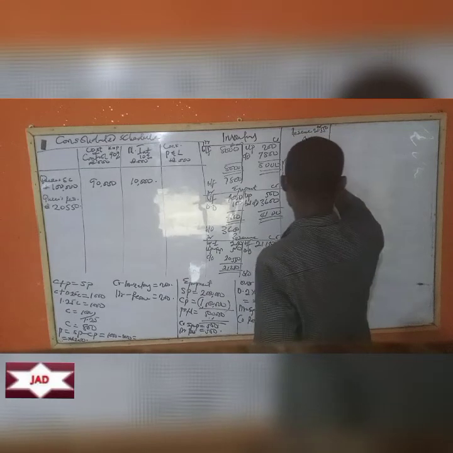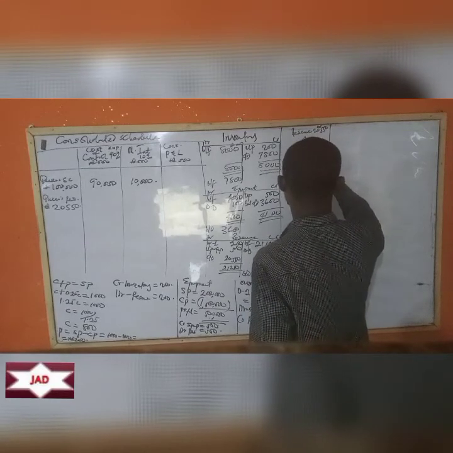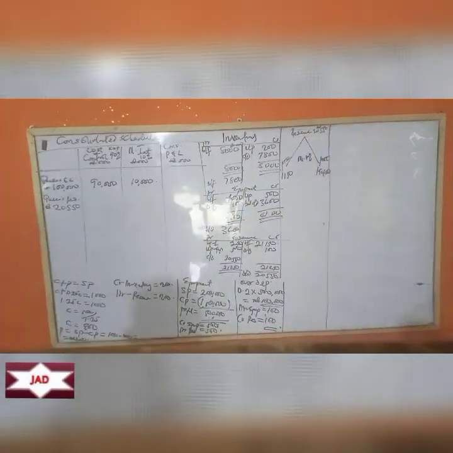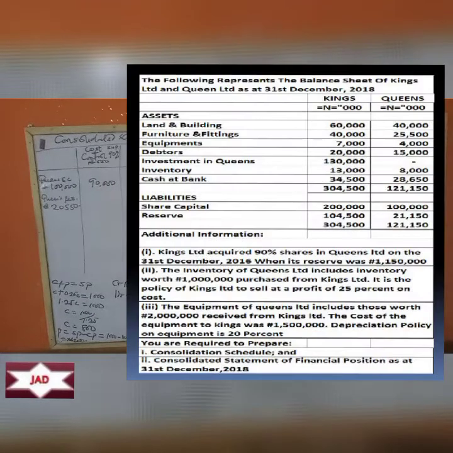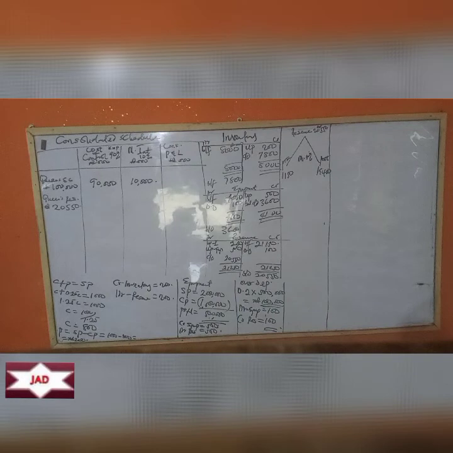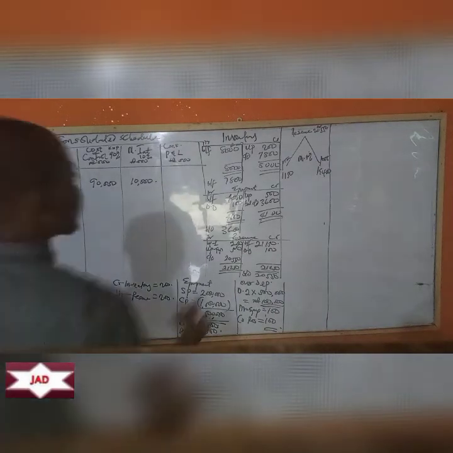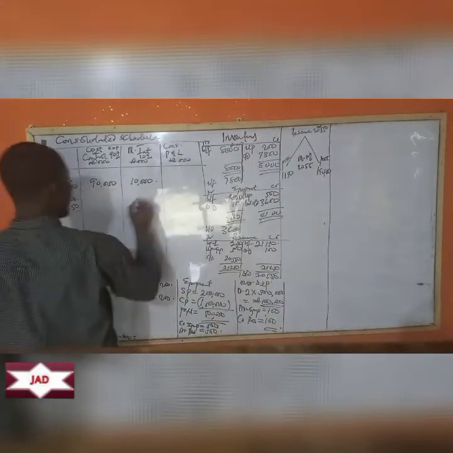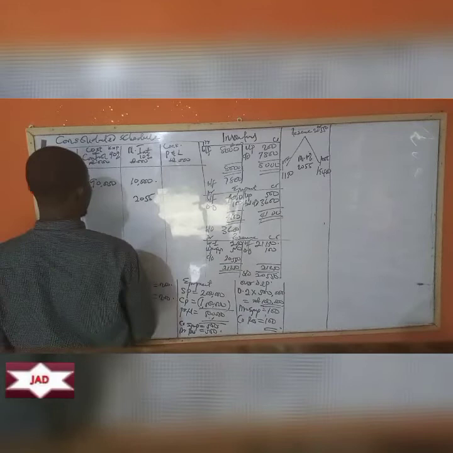So we have 19,400. So minority interest is 10%. 10% of 20,550, what do you have? 0.1 times 20,550 is 2,055. So here is 2,055.